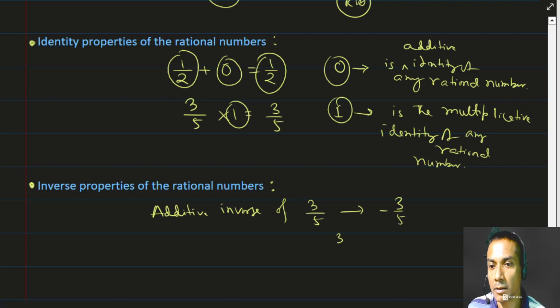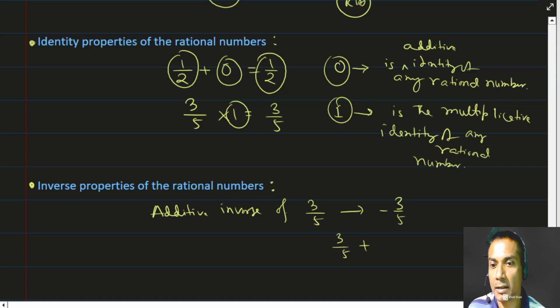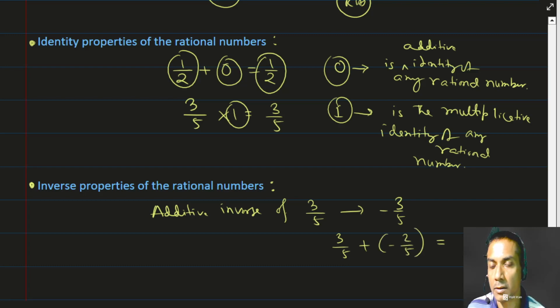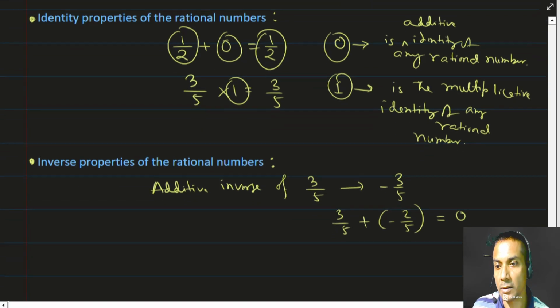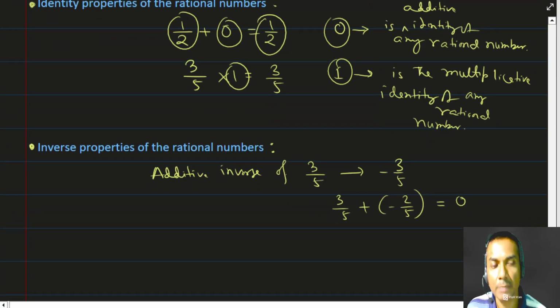Why? Because if we add the additive inverse number, we get the result 0. So minus 3 by 5 is the additive inverse of 3 by 5. Clear?